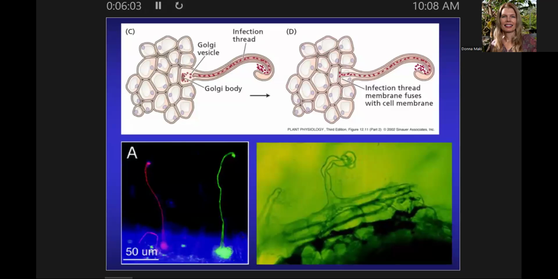Here they're trying to show that a little bit more, where the bacteria are encased within the cell membrane, so to speak, as they migrate down that root hair. So they're always bounded by a plant-derived membrane.